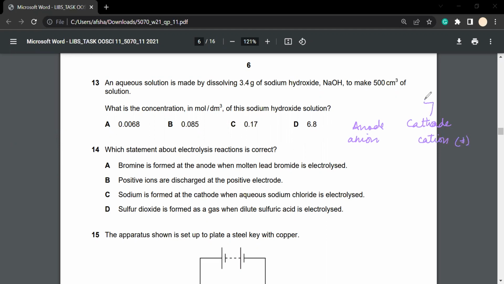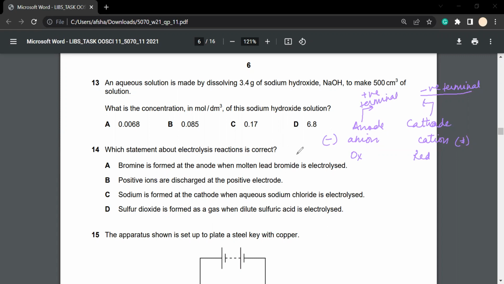So cathode is basically your negative terminal, attached to the negative terminal of the battery. Anions are your negatively charged ions, and hence the anode is basically attached to the positive terminal of the battery. This you need to remember. At the anode always oxidation happens and at the cathode always reduction happens.